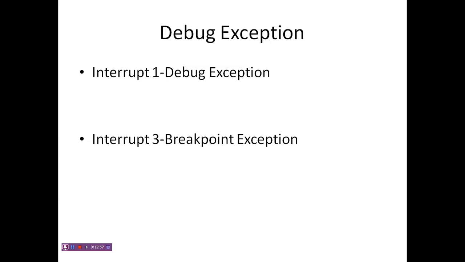First, interrupt 1, that is the debug exception. The handler for this exception is usually a debugger or a part of a debugging system. The processor causes interrupt 1 for any of several conditions. The debugger can check flags in the DR6 and DR7 registers to determine what condition caused the exception and what other conditions might be in effect at the same time.